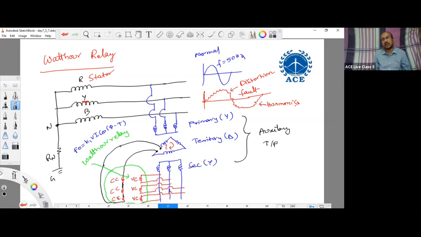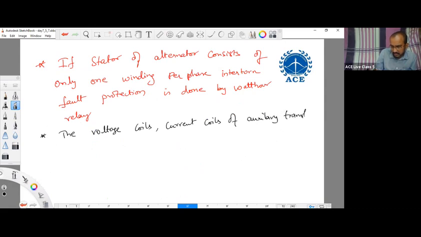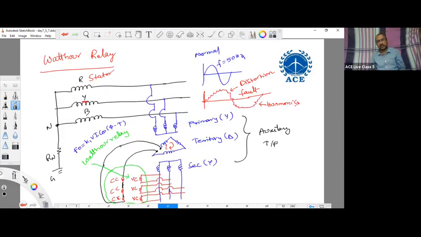The voltage coils and current coils of the watt hour relay are excited by the auxiliary transformer. Okay, so this is how the construction is done.